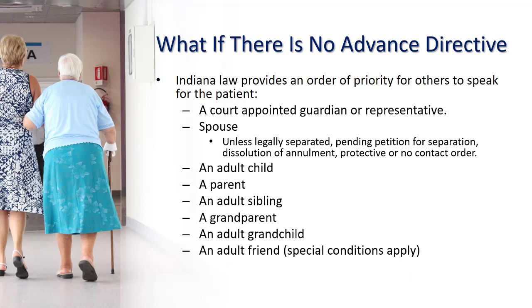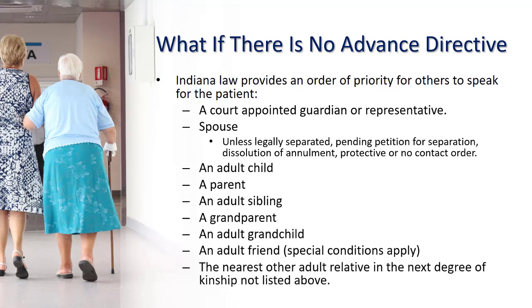However, there are some special conditions that apply that I'm not going to go into in this presentation. And then the nearest other adult relative in the next degree of kinship that's not listed above. So it sounds complicated, but getting too far down this list is usually not a problem.